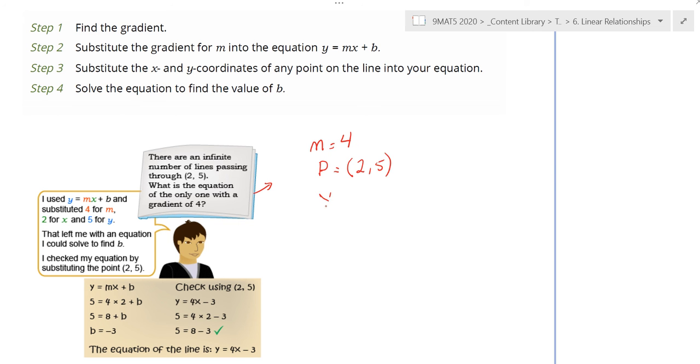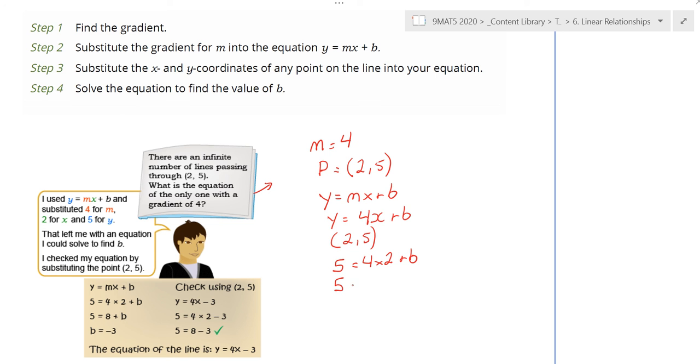So if I write down my formula, y equals mx plus b, my m is 4. I have y equals 4x plus b. Now I substitute in my values that I've got. x equals 2, y equals 5. They've told us they're on that line, so it must be true. So 5 equals 4 times 2 plus b.